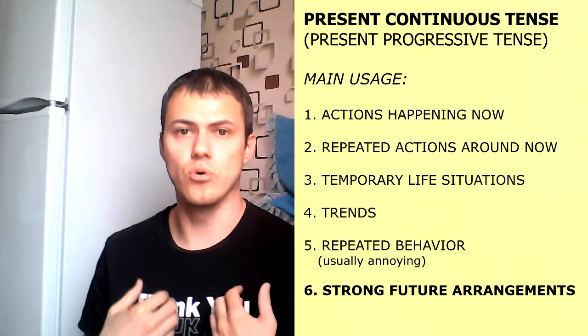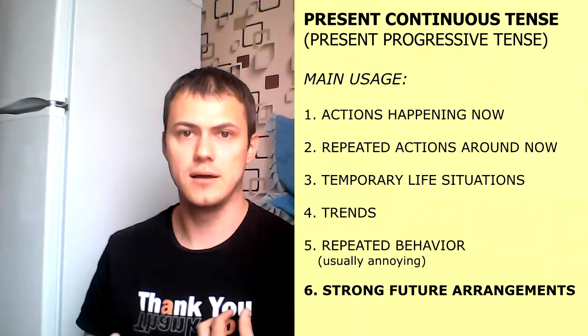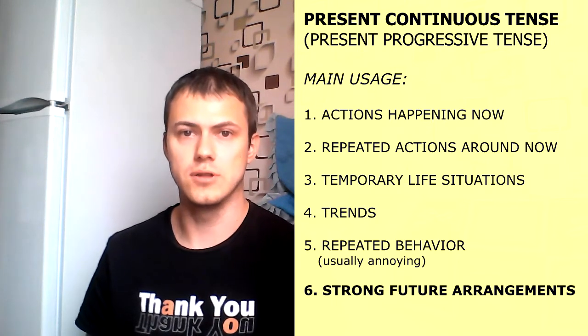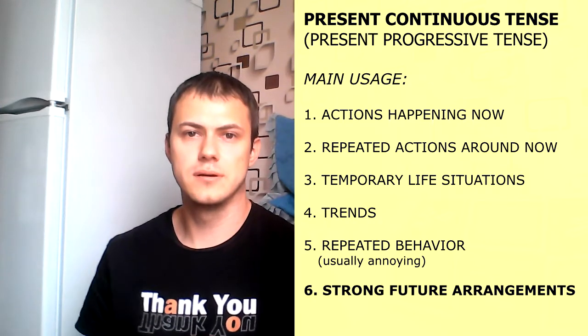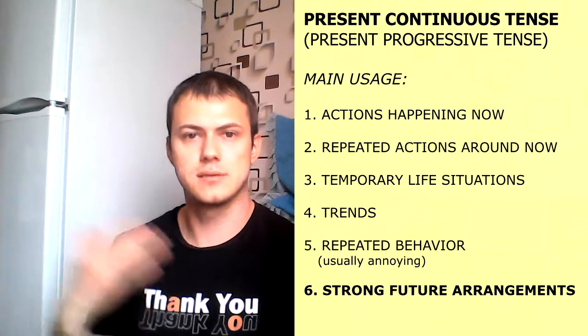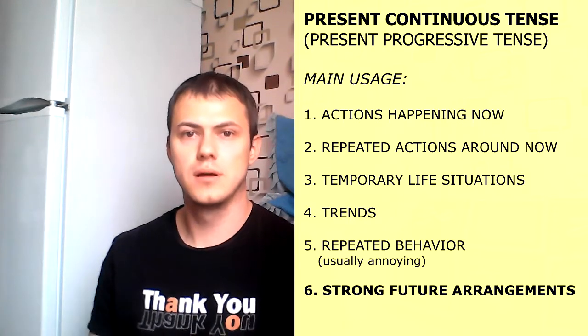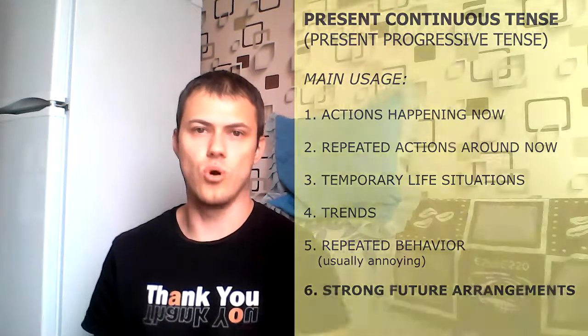I know that I'm for sure going to Canada, but it will happen only next year, not right now. He is buying a new house next month. She's moving to a new apartment next week, and so on.